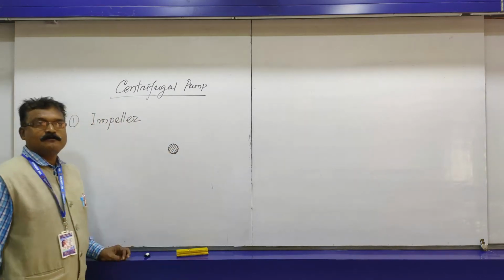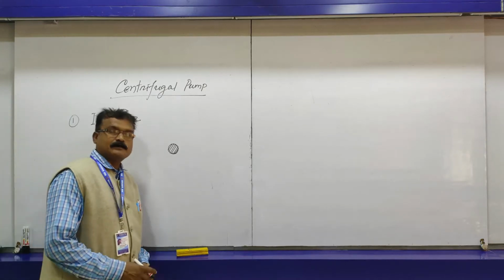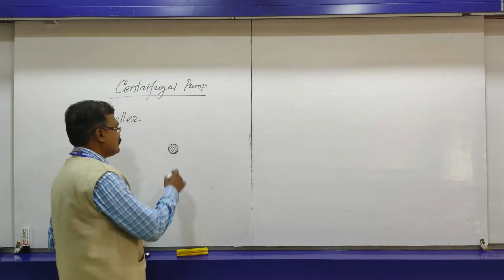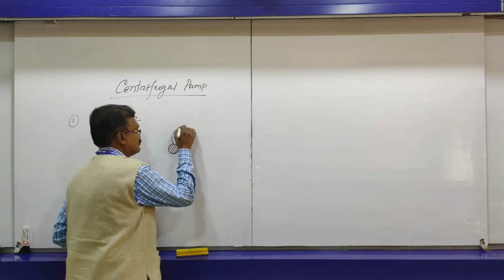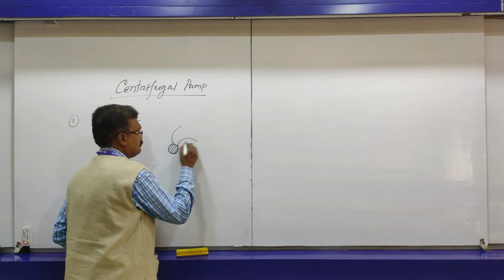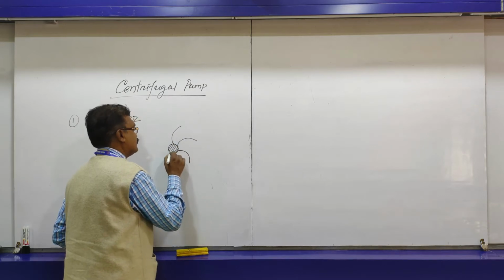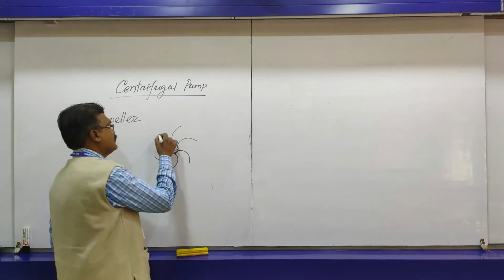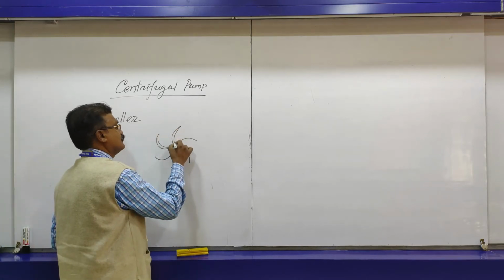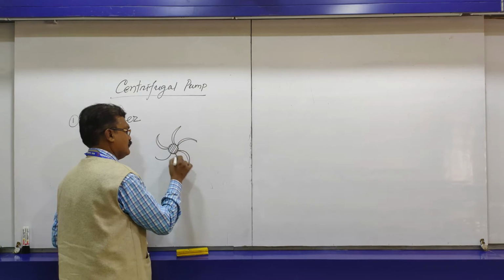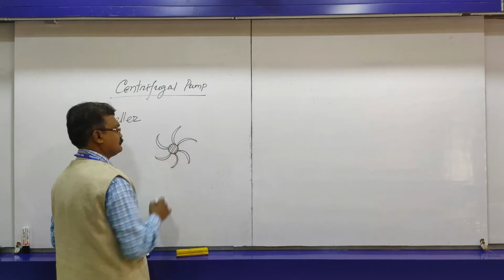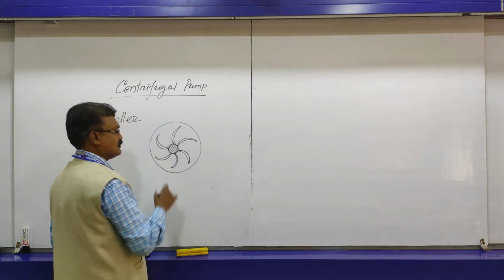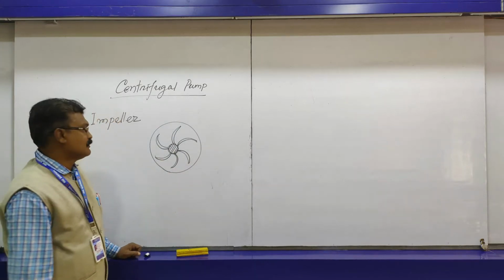This is the shaft, from which we get the mechanical power, and in the circulation there is a series of curved backward vanes. This one is known as the impeller.